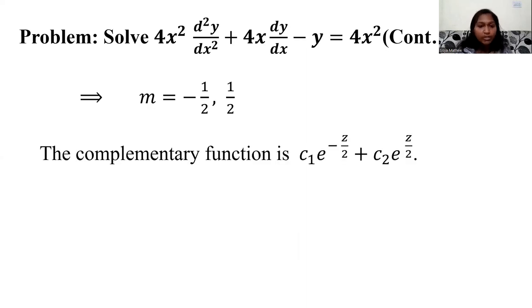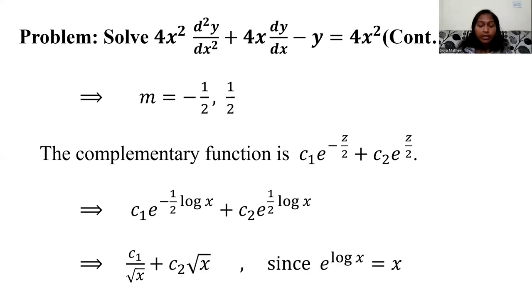Then the complementary function can be written as c1 into e raised to the first value of m into z plus c2 into e raised to the second value of m into z, which is c1 e raised to minus z by 2 plus c2 e raised to plus z by 2. We can replace z with log x. So it is c1 e raised to minus 1 by 2 log x plus c2 e raised to plus 1 by 2 log x.